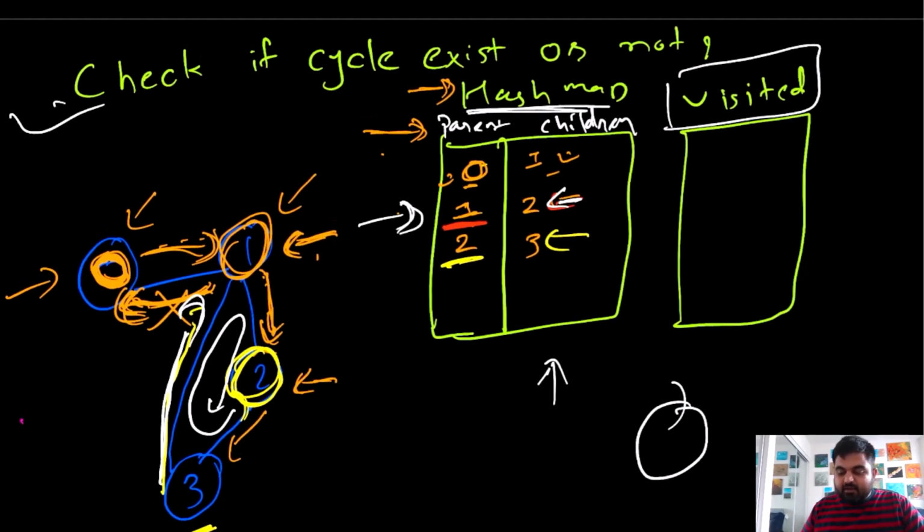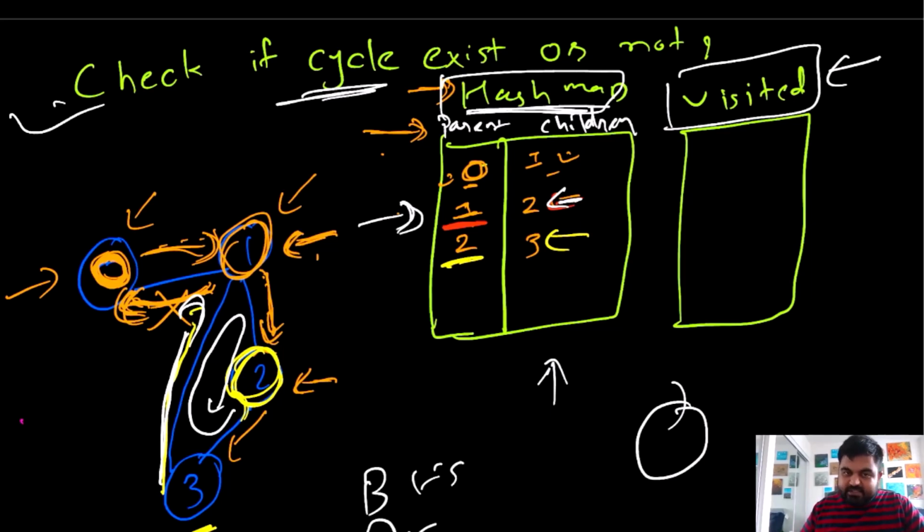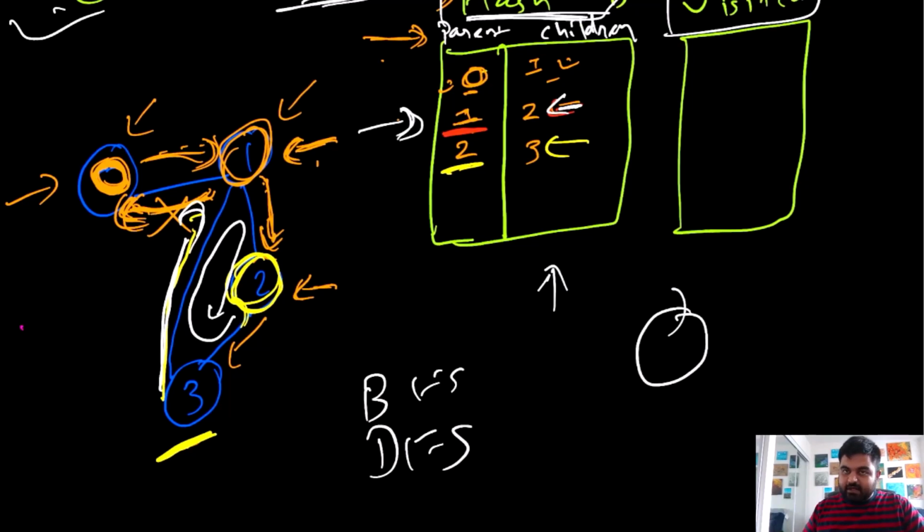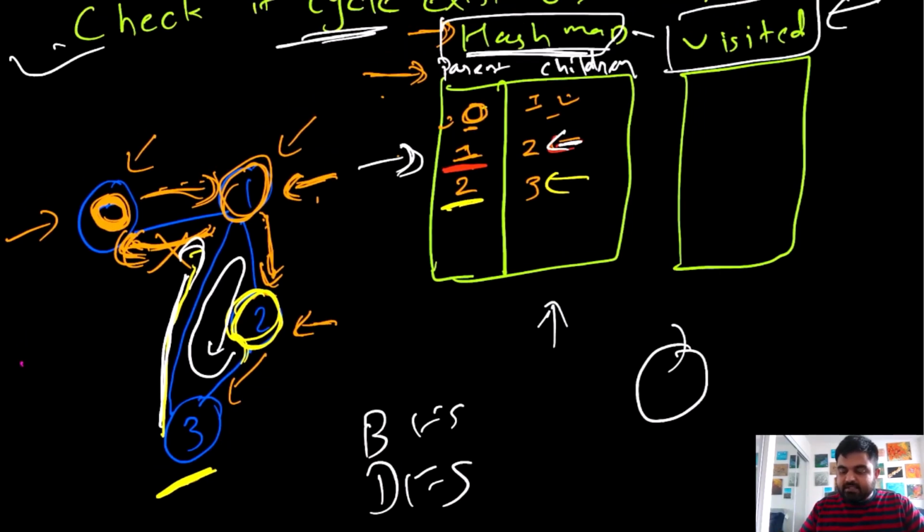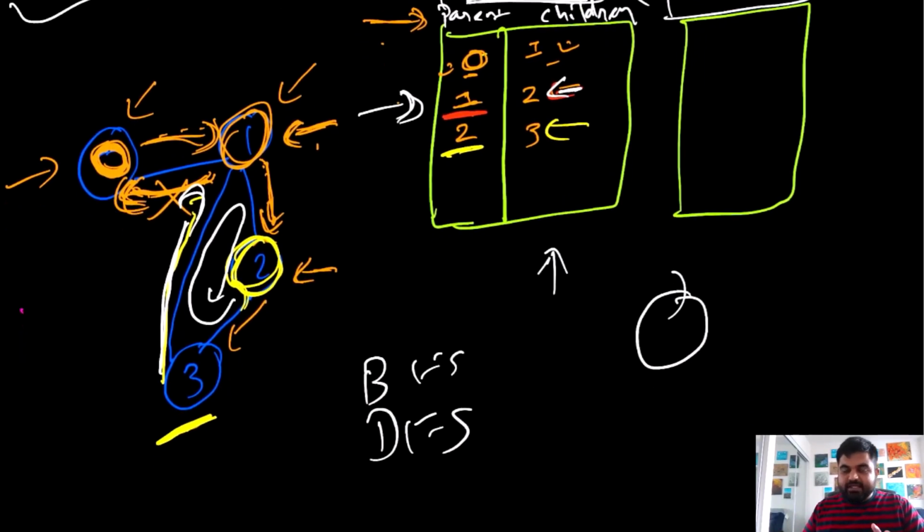Using this hash map to identify whether a cycle exists or not, and using this visited node set while iterating with BFS or DFS over our original graph, with these two data structures we can get rid of both of our cases, where we need to check whether the graph is connected and whether the graph contains any cycles or not.